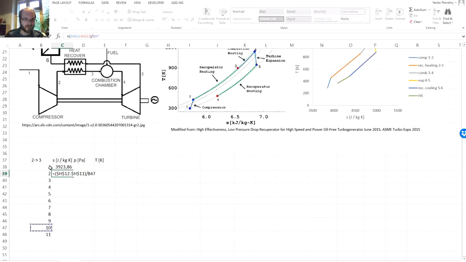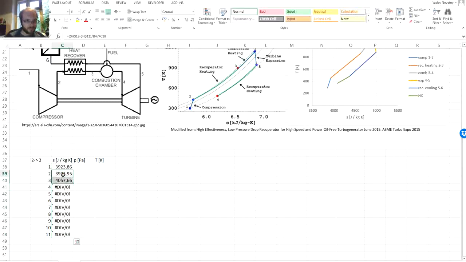It's n minus 1 because we have the starting point and then 10 changes. And this is just addition to the original starting entropy over here. And yeah, of course, we need to also lock the number of elements.